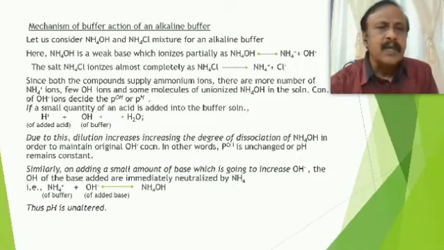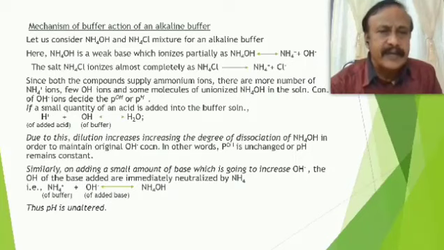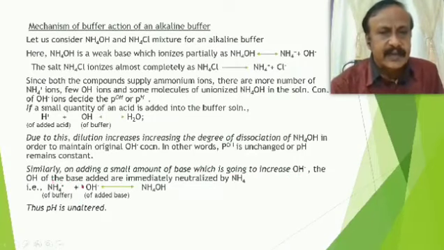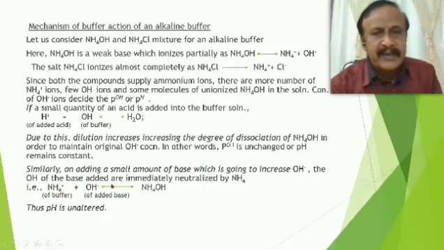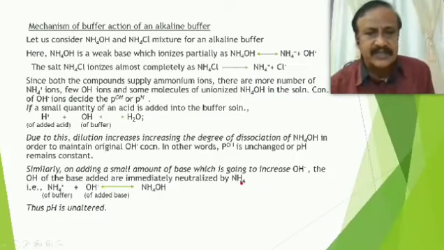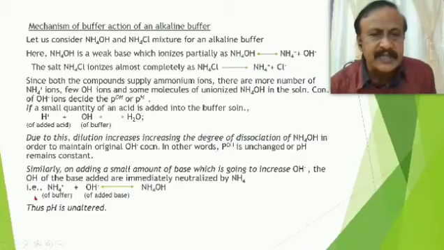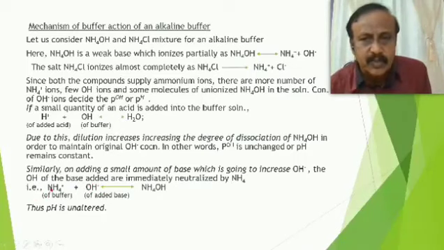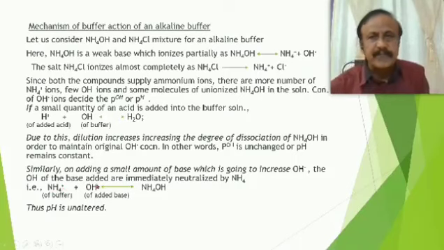Now similarly, instead of adding an acid, if we add a small quantity of base, which is going to increase OH minus, the OH minus ions of the added base are immediately neutralized by oppositely charged ions. Which are the oppositely charged ions present in the solution?